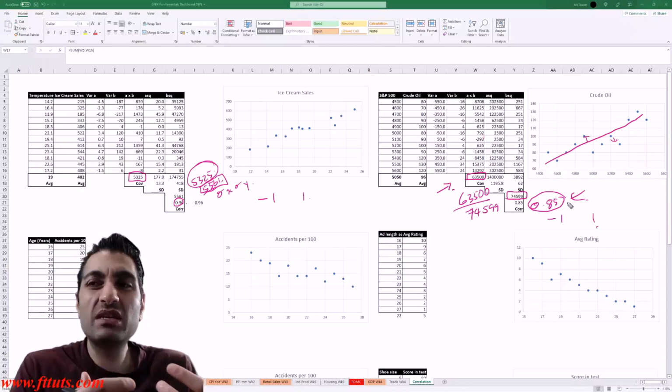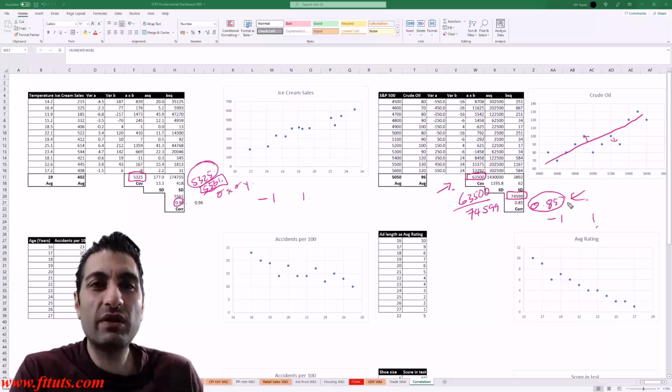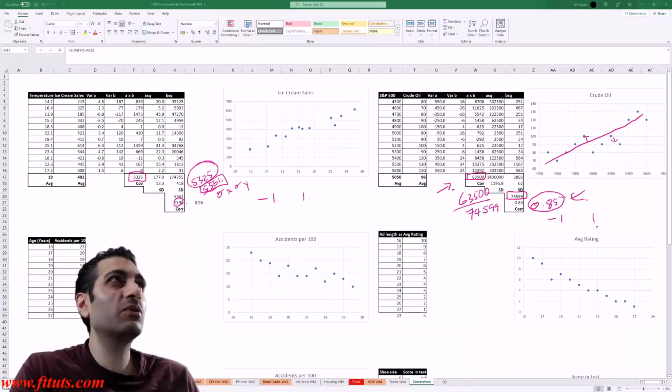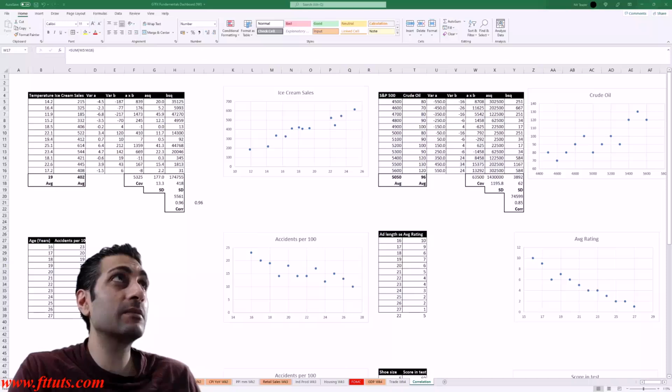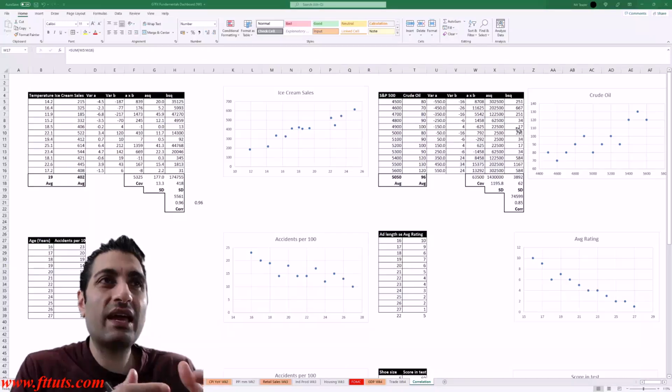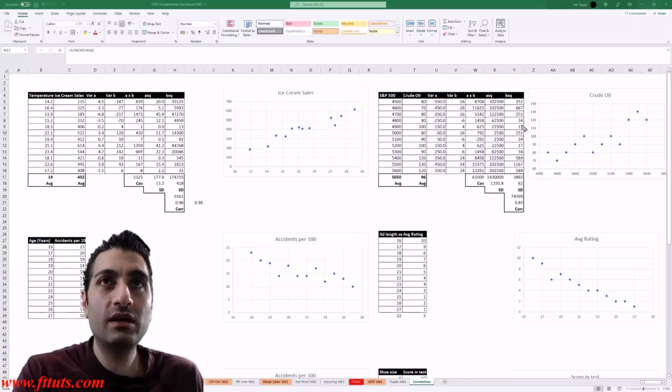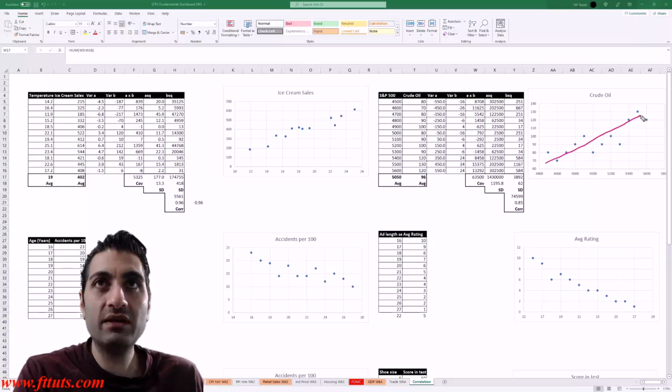It's the strength of the relationship. People think of it in different ways, but I like to think of it as 85% correlation. It's not 100%, otherwise it would be a straight line and you'd get a number of 1. It's 85% strength. Okay, that's the way to think of it.